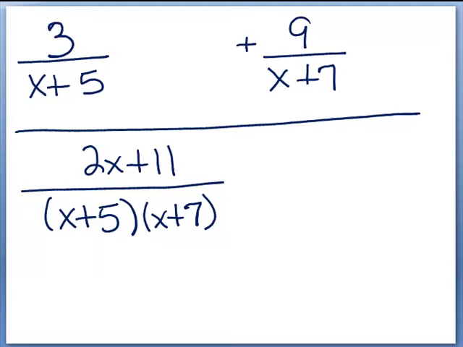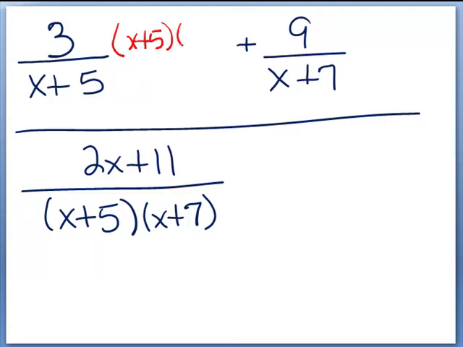So we're going to take the LCD that we factored, and multiply it to every term we see in the numerator and denominator. So let's write this out.